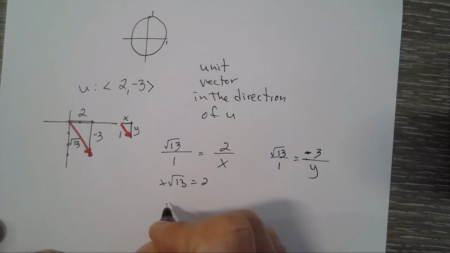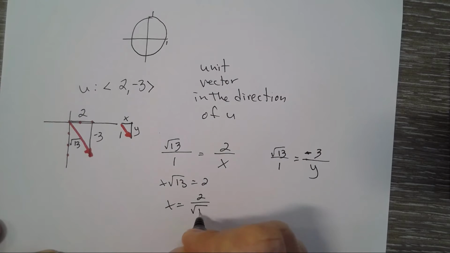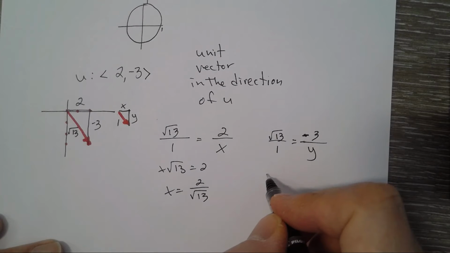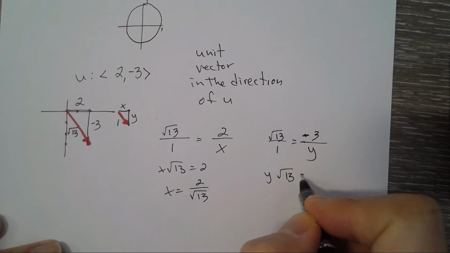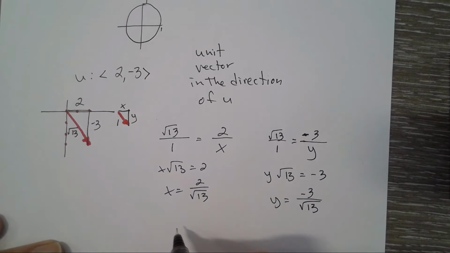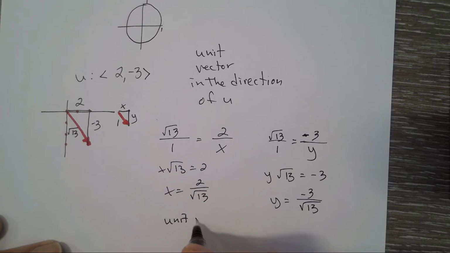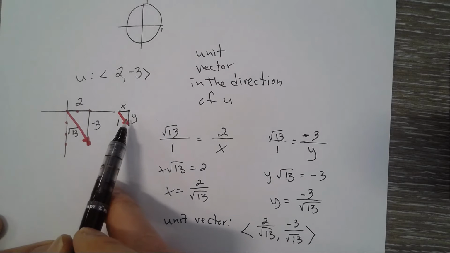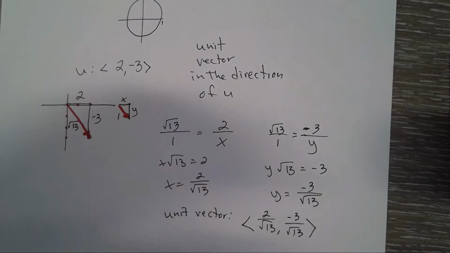So x equals 2 over the square root of 13, and cross multiply here, y square root of 13 equals negative 3, so y is negative 3 over the square root of 13. So my unit vector would be 2 over square root of 13 comma negative 3 over square root of 13. We found the components of this unit vector.